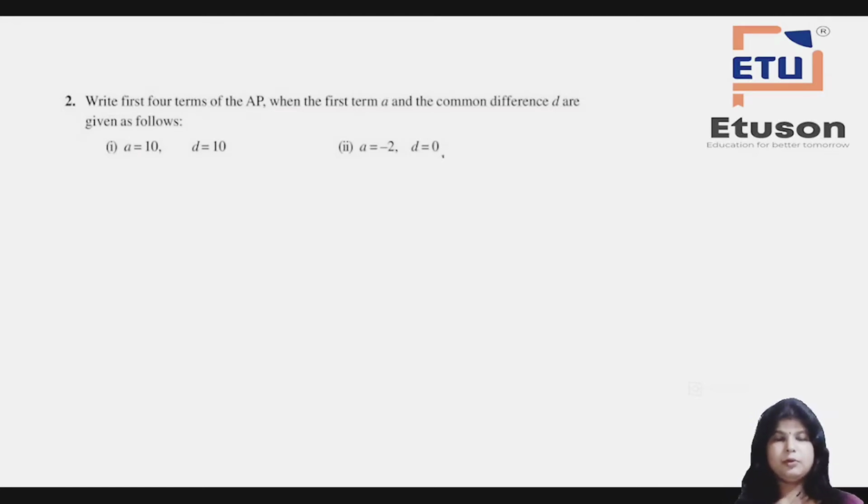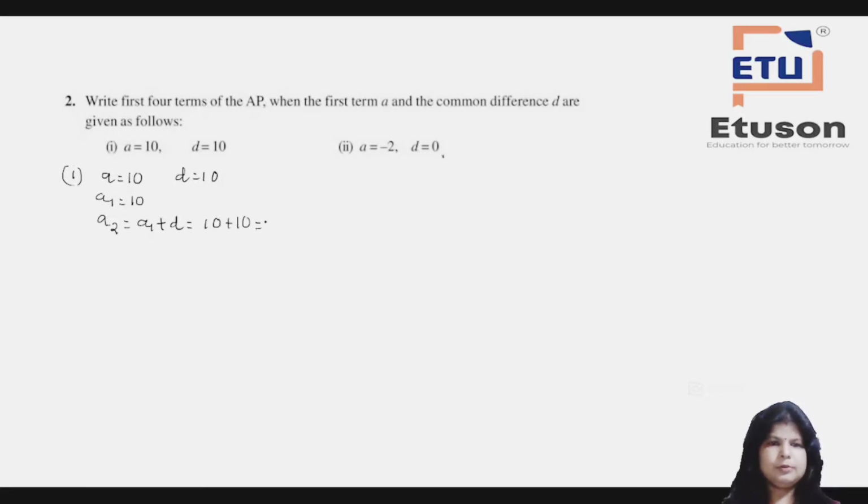Write first 4 terms of the AP when the first term A and the common difference D are given. So, bit 1. You have A is equal to 10 and D is equal to 10. So, you have A1 is equal to 10 already given. So what is A2? A2 is equal to A1 plus D, that is 10 plus 10 equal to 20. Correct. What is A3?